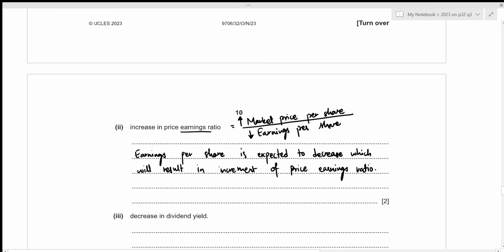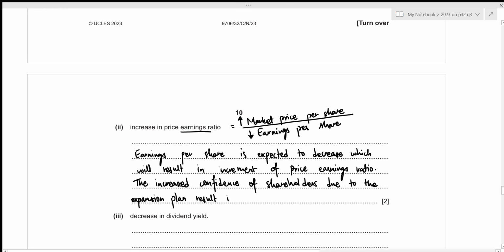So this expansion might result in increment in confidence within investors, which might result in the increment in market price per share. So the increased confidence of shareholders due to the expansion plan will result in an increased market price per share.